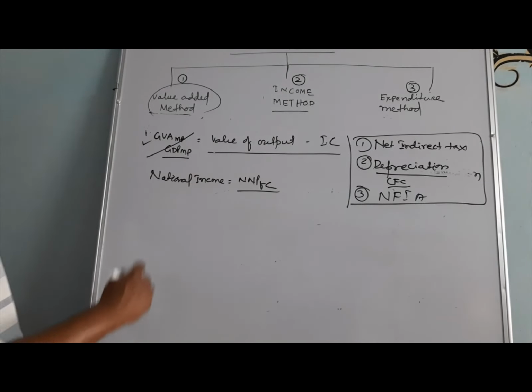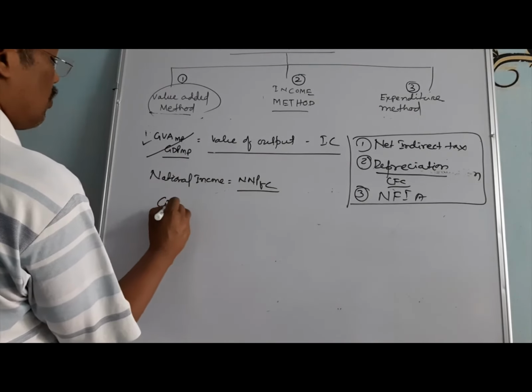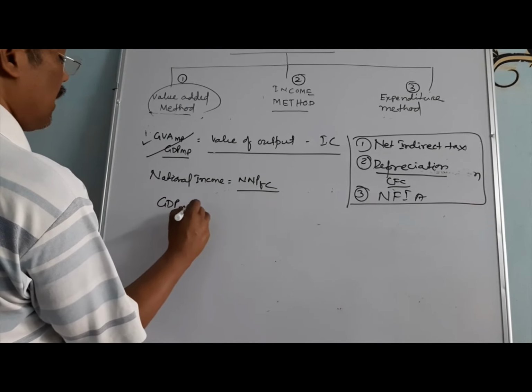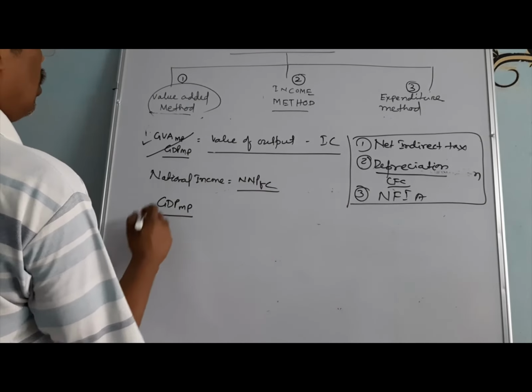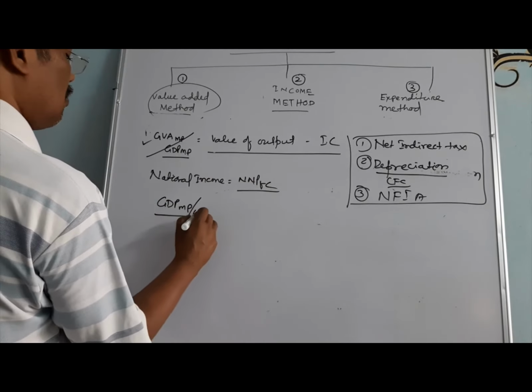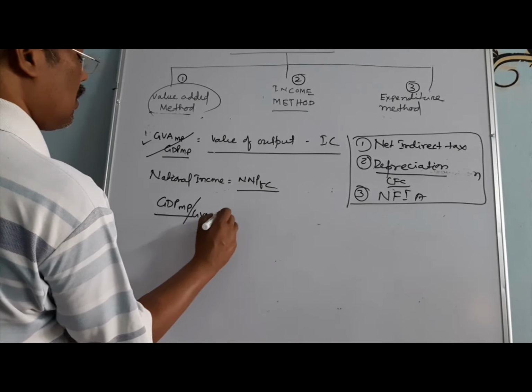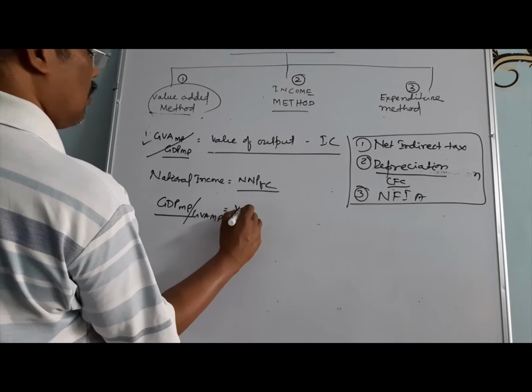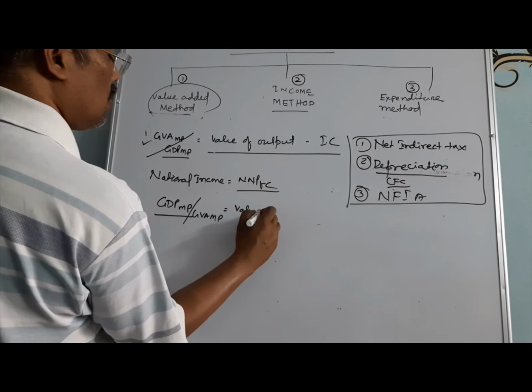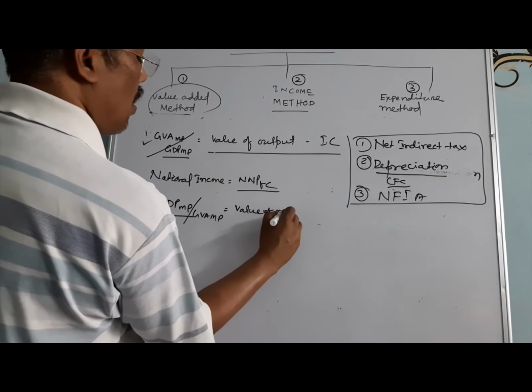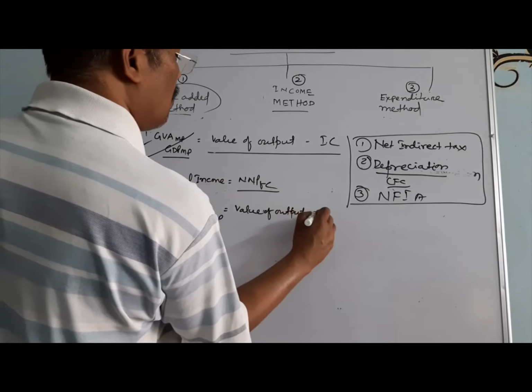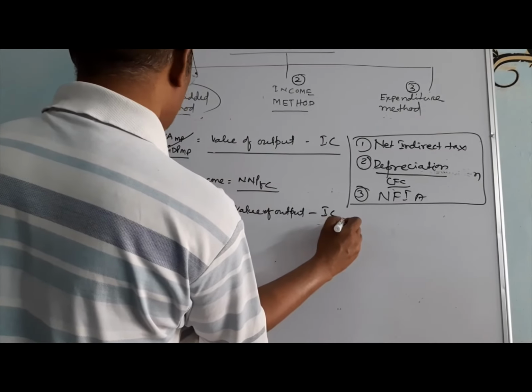So it means gross domestic product at market price, or gross value added market price, equals value of output minus intermediate consumption.